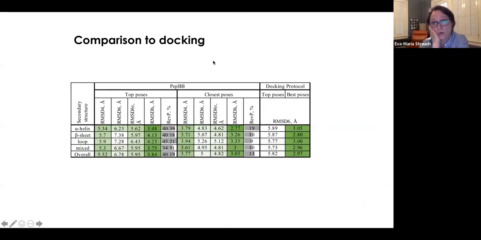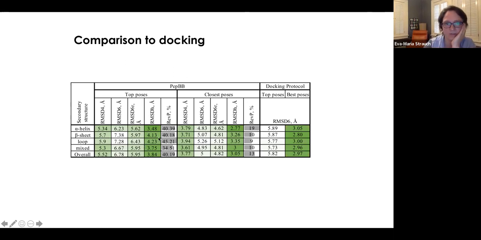So then we wanted to know too about docking. How does it compare to docking, even though we are actually predicting the whole set, including the backbone. And so if you use the same kind of small ligand and then just do standard docking protocol, this is the Rosetta protocol, you actually get very similar numbers. So here's the RMSD6, where top poses mean best in score, and best poses mean closest in structure.